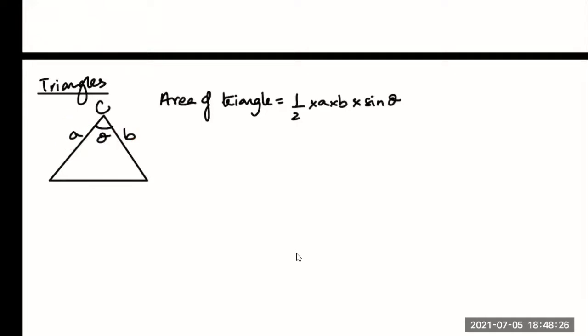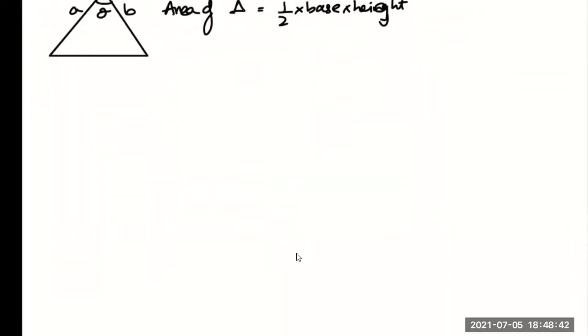That gives you the area. The area of a triangle also has another formula called half base into height. And height is always the perpendicular distance from the top vertex to the base. I'm not drawing that right here. We'll look at it in questions.